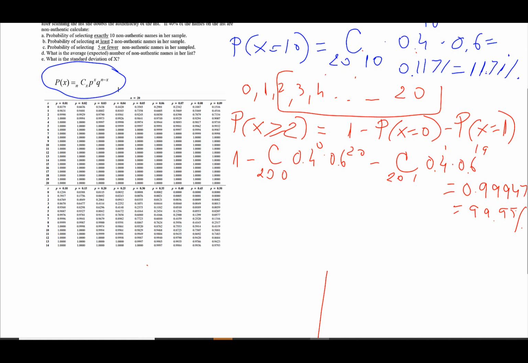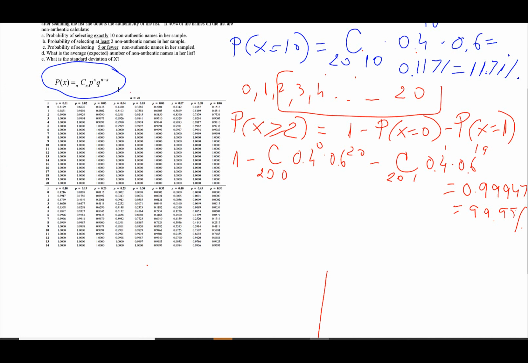So the probability of selecting at least 2 non-authentic names is 99.95%. This probability can be calculated also using binomial tables.